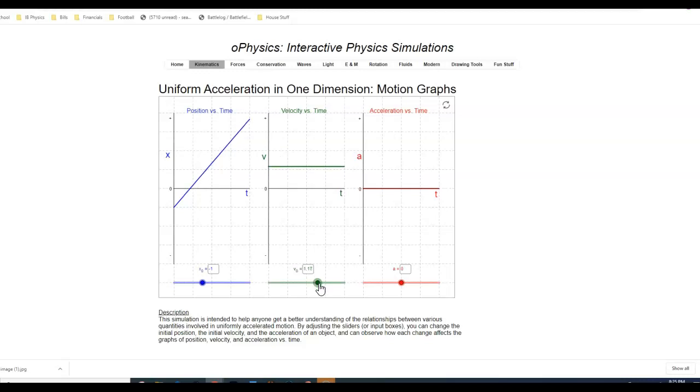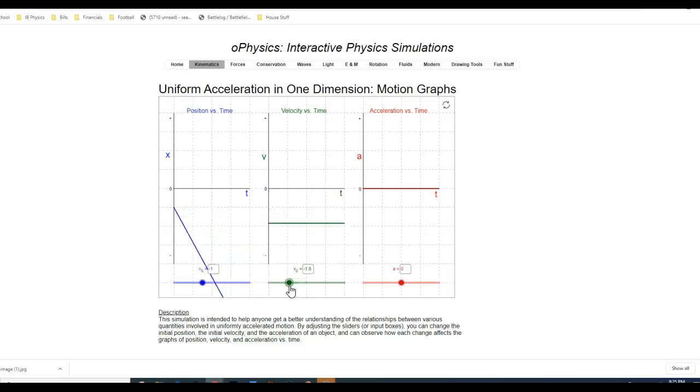Okay, so notice if I increase the velocity, the position time graph gets steeper, right? Which makes sense because on a position time graph, the slope represents the velocity. If I make the velocity go down to 0, like that, we can see the velocity is 0, and so the position time graph is almost completely flat.